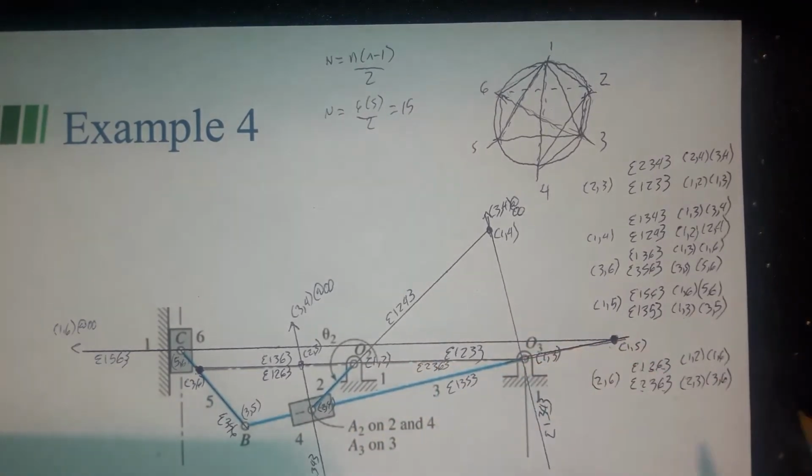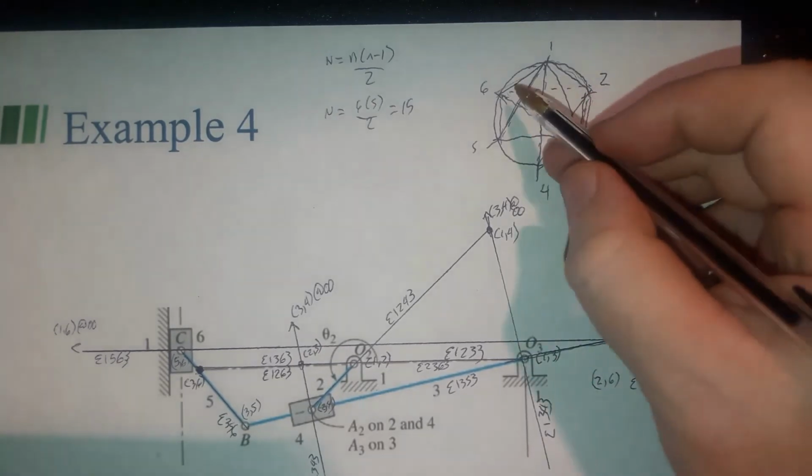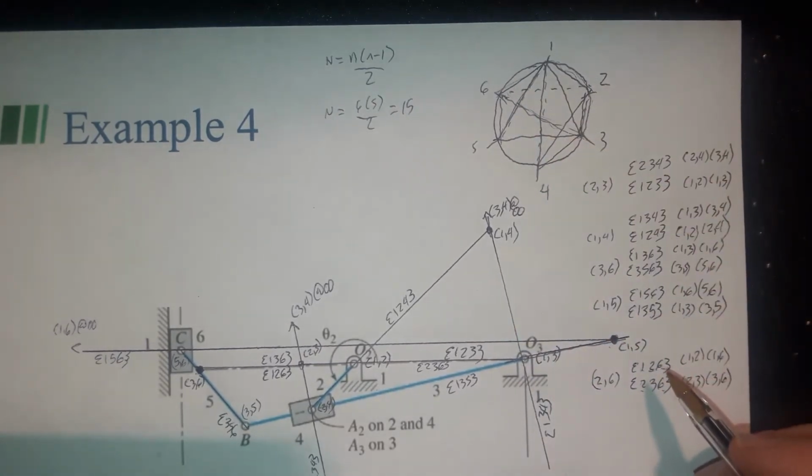That doesn't mean that that instant center doesn't exist, or that it can't be found, or anything weird like that, or that there's many of them. It just means that these two lines don't give me independent information. And even though I tried to find it right now, I don't have enough independent information to find where 2, 6 is right now. So I'm going to have to come back to 2, 6. So I'm going to leave a little bit of space, and I'm going to try a different one. Okay.